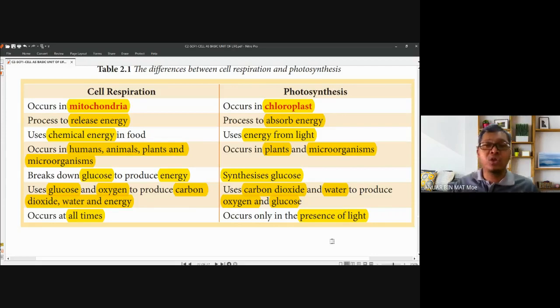But we as humans need to depend on plants because plants are one of our sources of food. Plants are also food for us. And the plant is also a source of food for many animals. For example, cows or goats eat the grass, right? They eat grass. Okay, so you just need to understand the process here, right?